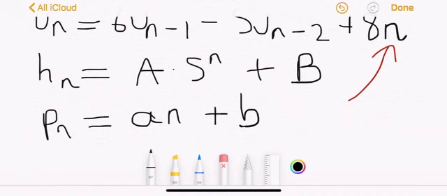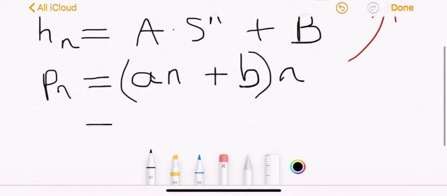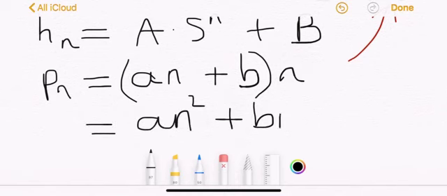However, because P_n is polynomial, what we actually need to do is multiply the particular solution through by n. So we're going to consider the particular solution an squared plus bn.